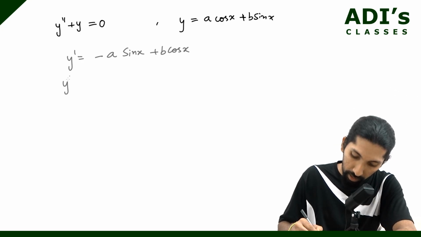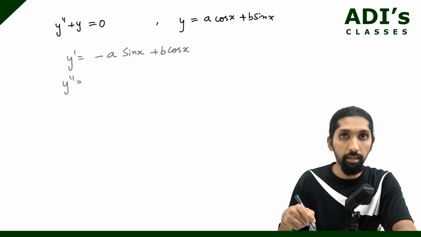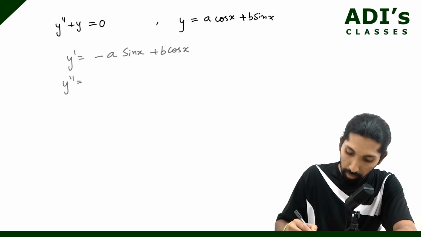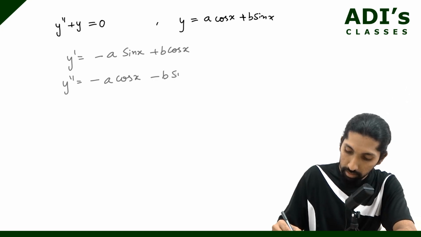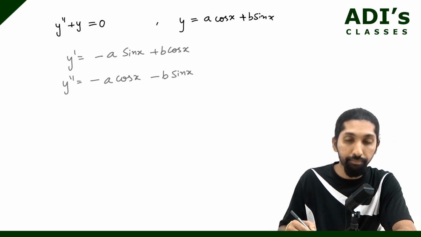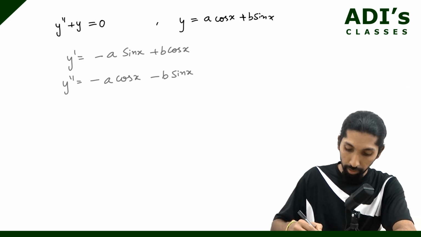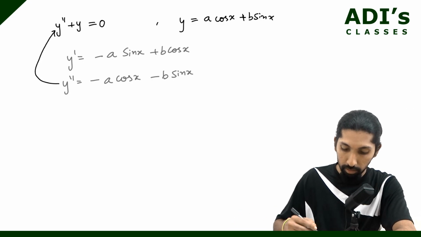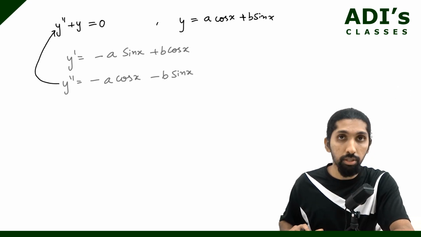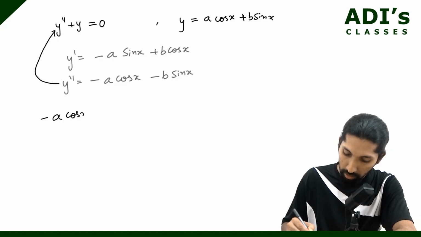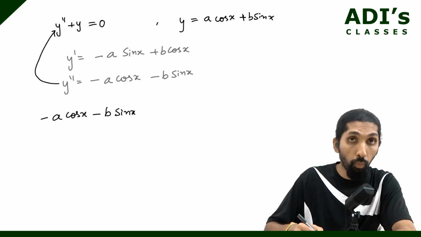What is y double dash? You differentiate it again. When you differentiate it again, you will get minus a cos x minus b sin x, isn't it? So this is y double dash. Now you substitute this back in the differential equation. So you get minus a cos x minus b sin x plus y.